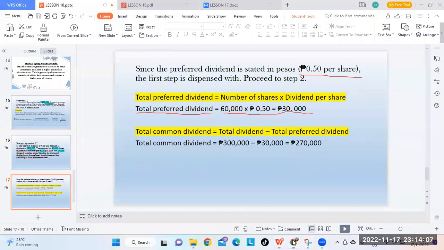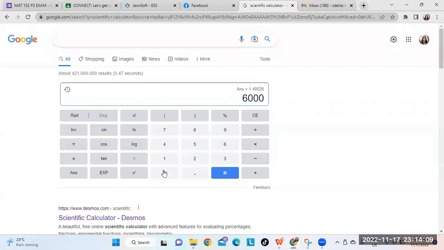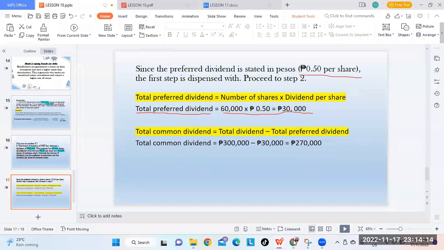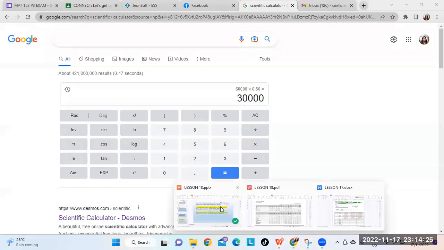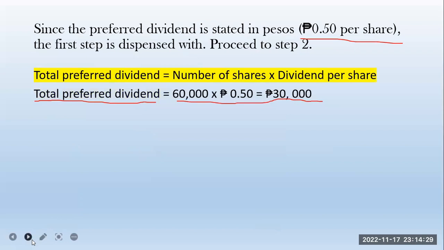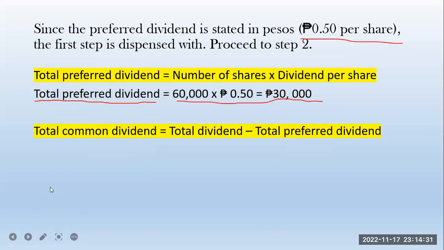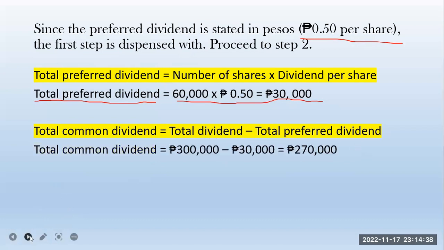I-calculate natin. 60,000 times 0.50. 0.50, 0.5, that's the same. Okay, we have 30,000. Now, for the total common dividend, that is equal to total dividend minus the total preferred dividend.